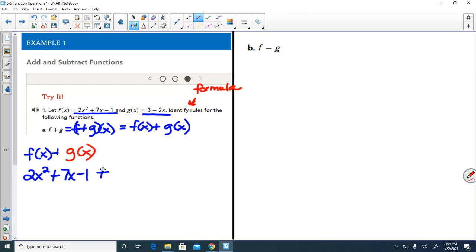That's going to be added to the function g, which is 3 minus 2x. I'll even put parentheses around f so you can see what's f and what's g. All right, pay attention, there's a plus sign in between, so I'm going to just combine like terms. So 2x squared, there's no other x squareds to combine it with, so this equals 2x squared.